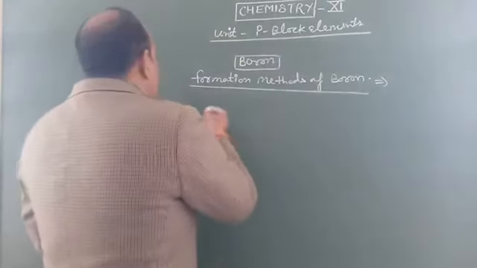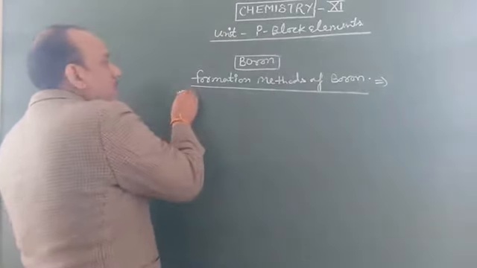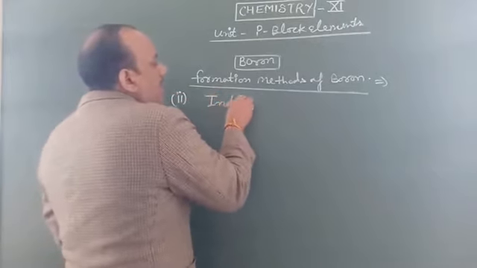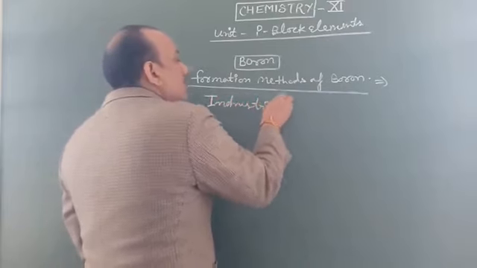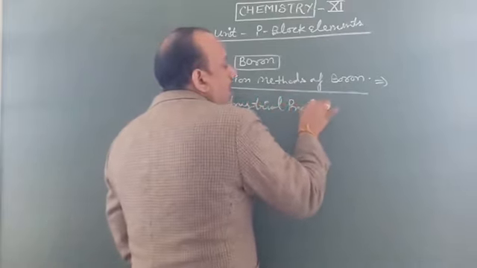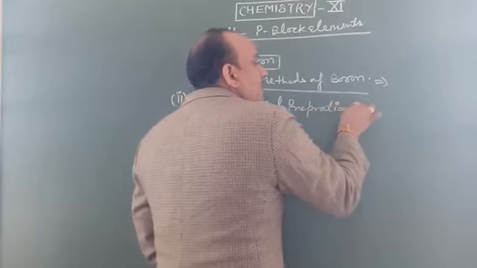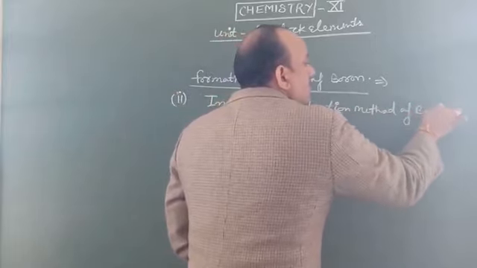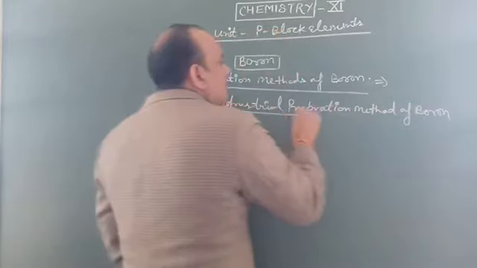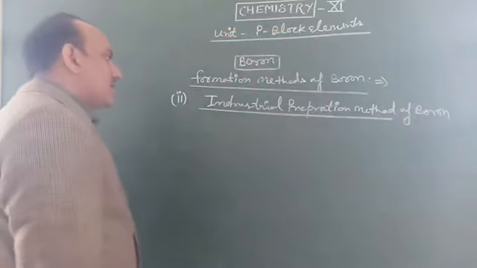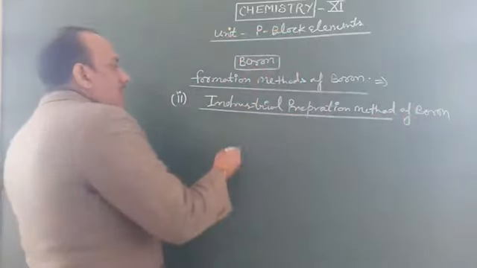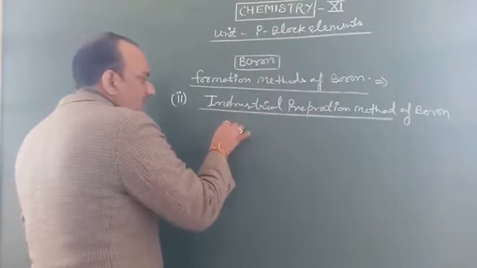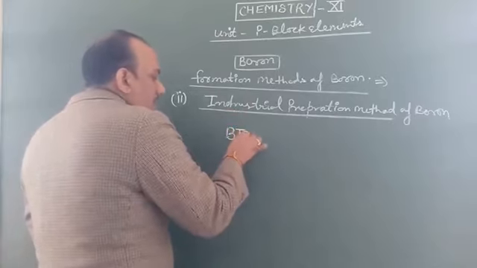Now we use another method for the preparation of boron. This method is known as the industrial preparation method of boron. In industry, we use boron triiodide. Its formula is BI3.